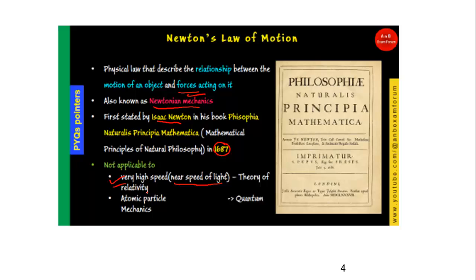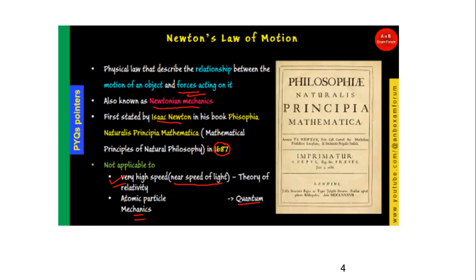Similarly, Newton's laws of motion are not applicable to atomic particles, for which quantum mechanics has the answer for the motion of atomic particles. So remember, they are not applicable to objects at very high speed.